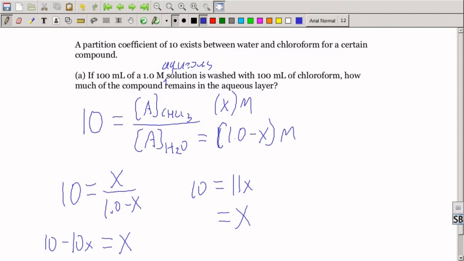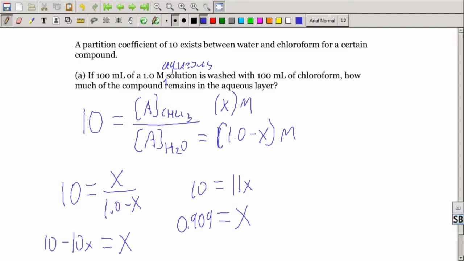No, it's got to be 0.909. Okay, so essentially by this calculation, we've washed out 90% of our solute by using an equal volume of our organic solvent with our water.